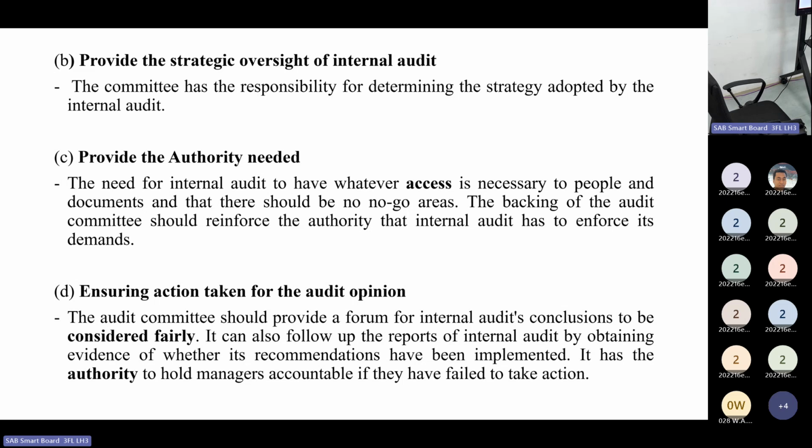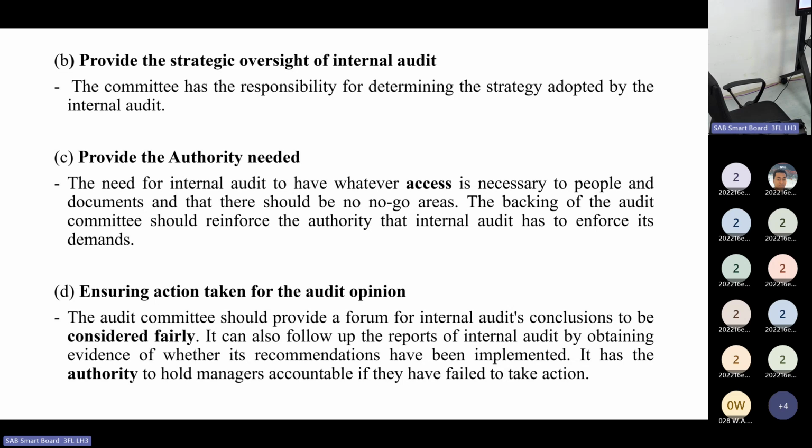Since the audit committee consists of auditors and people with financial expertise, they have the experience in audit. So they can support the internal audit function to develop their audit strategy, how they should proceed with the audit, right? That is the second benefit.